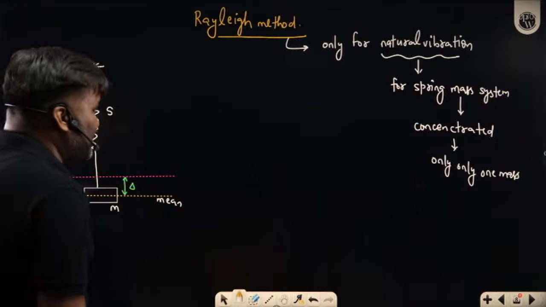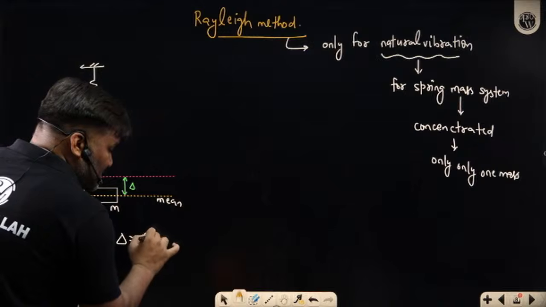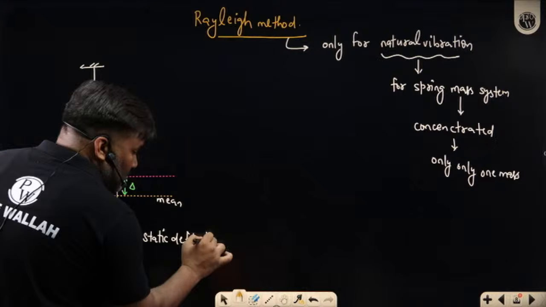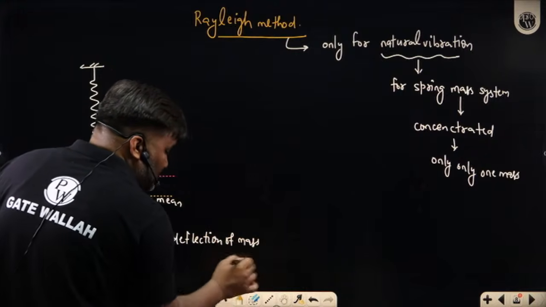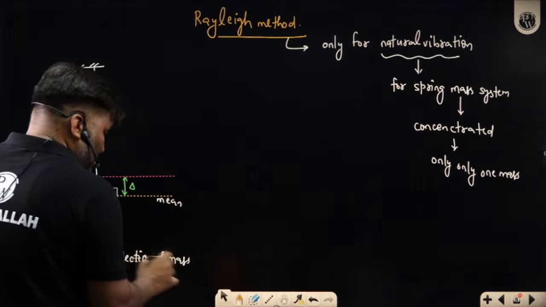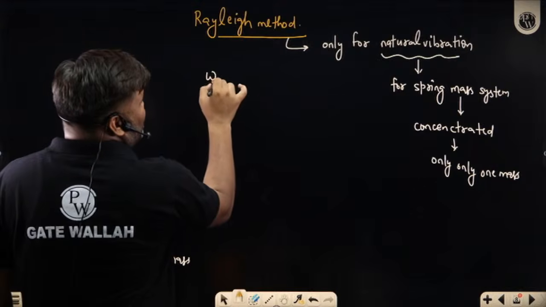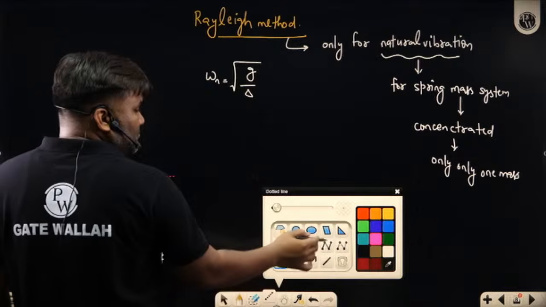Delta is the static deflection. Once you have calculated this static deflection of the mass, according to this Rayleigh method, you can simply write omega n is under root g by delta. That's it.